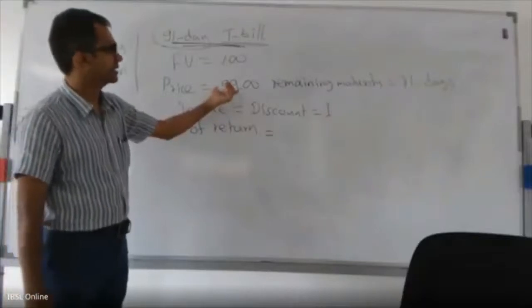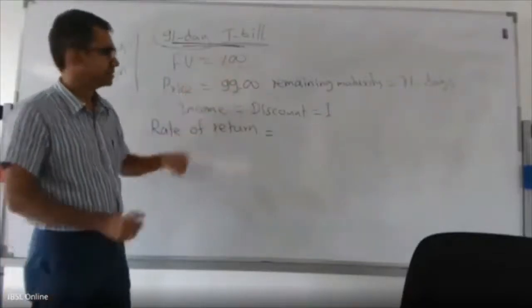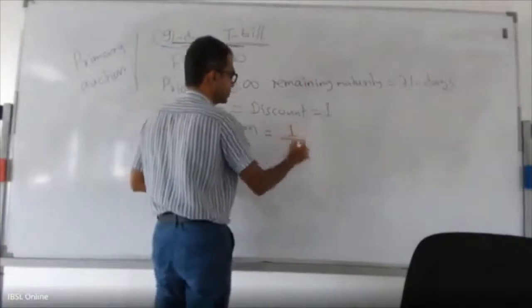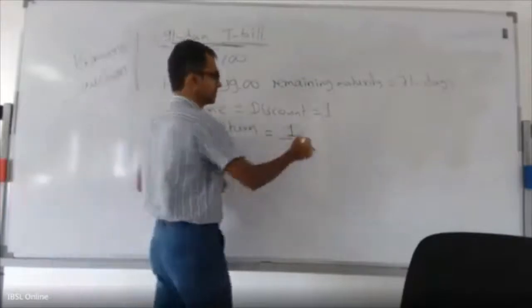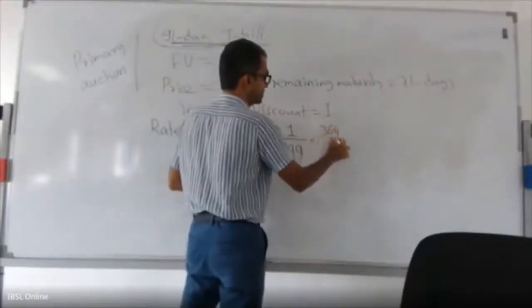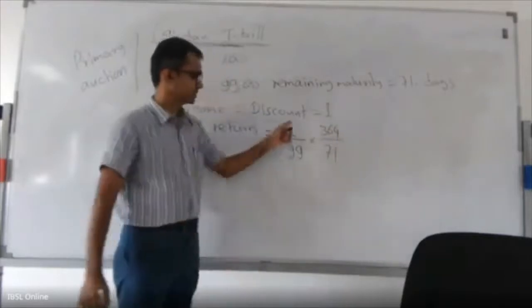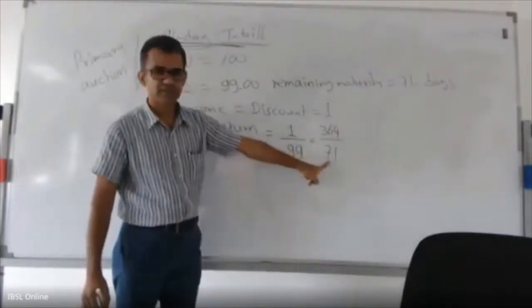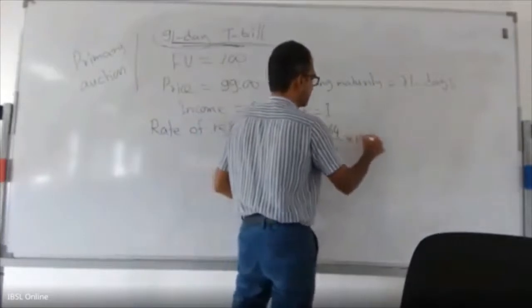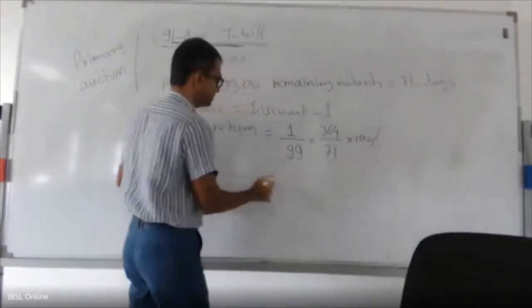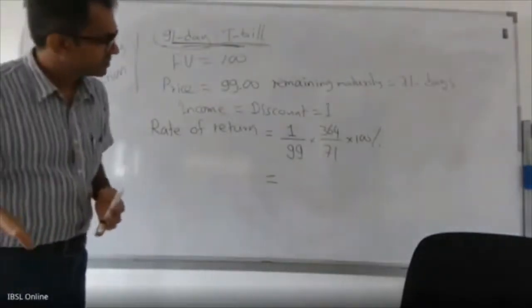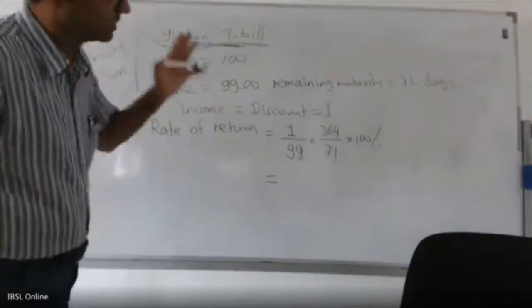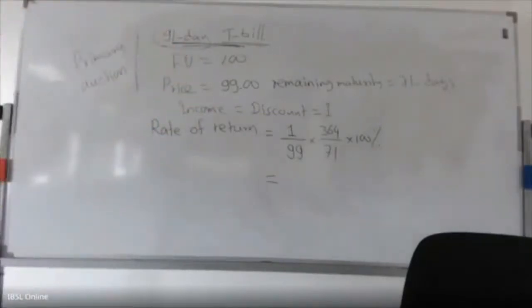He bought it at 99. Once he holds it until maturity, he gets 100. So the income is 1 rupee. Investment is 99 rupees. 364 to annualize, but he earns that income only for 71 days, multiplied by 100. Again, you should get more than 5.14, whatever the discount rate that we calculated earlier.